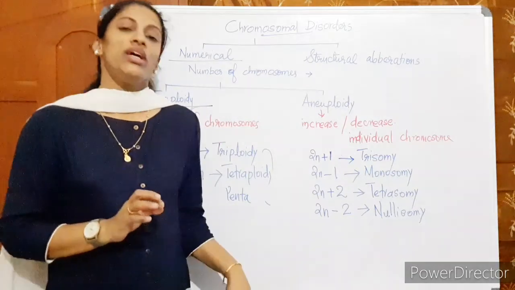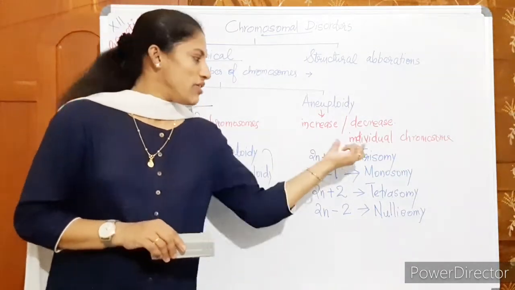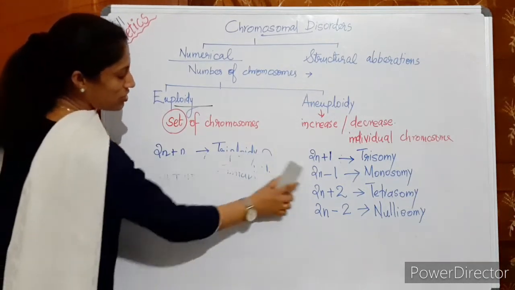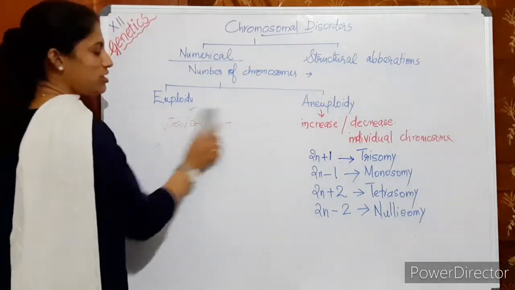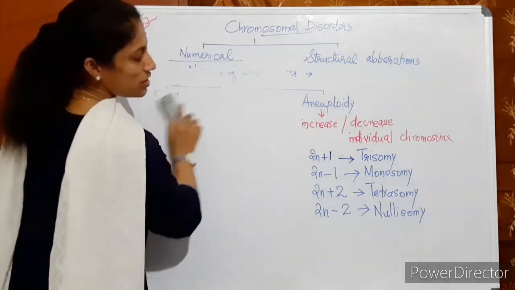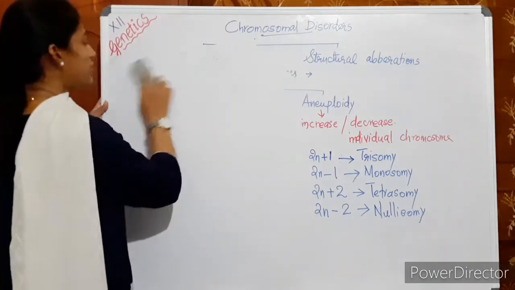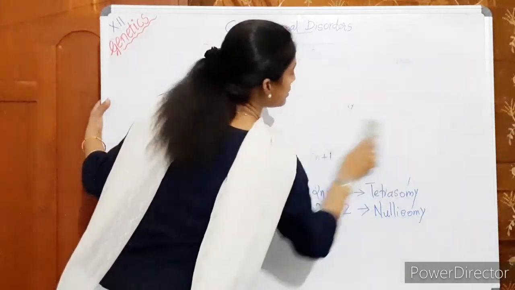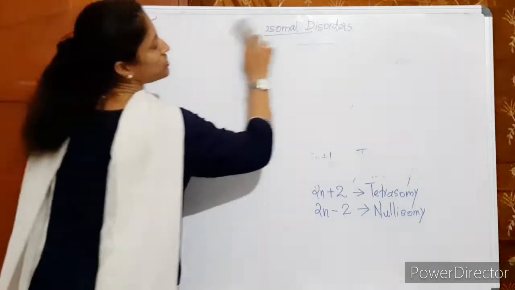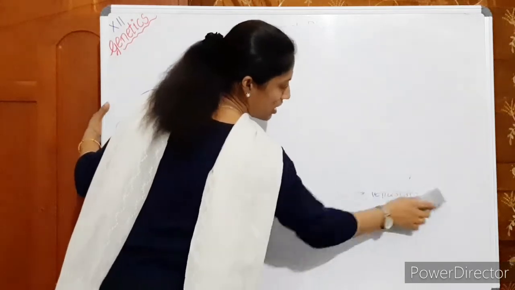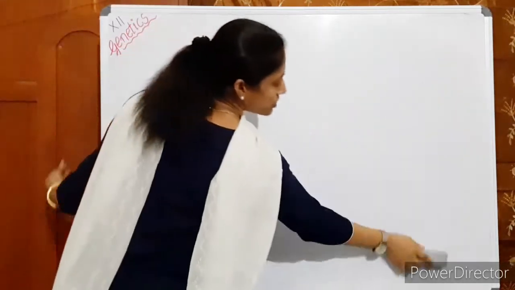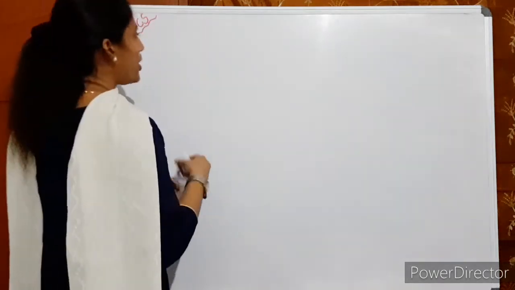So altogether, you need to study three diseases which come under trisomy and monosomy. The other examples are not given in your book. So we will discuss aneuploidy further. The first disease under chromosomal disorder is Down syndrome.